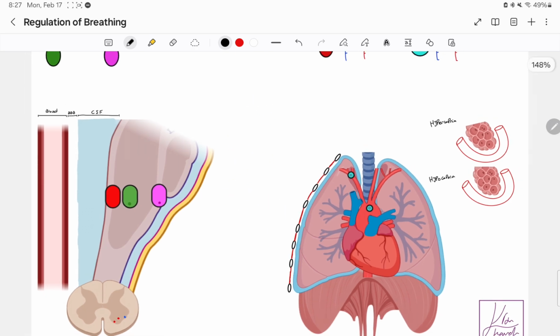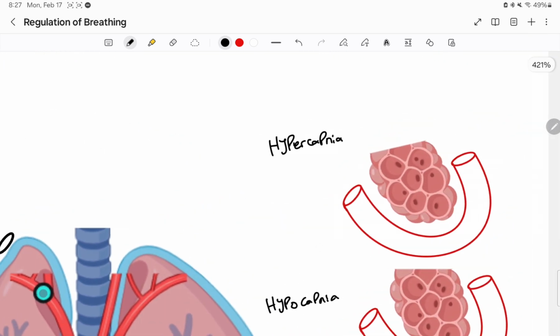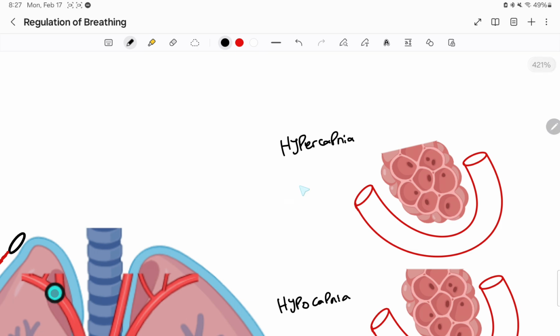All right. Now, let's take a very quick snapshot and scenario. Let's say we have hypercapnia, which just means we have high CO2 in the blood. Well, if we have hypercapnia, the goal is going to be increasing the ventilation. Okay? Well, why would I do that? Well, if I have high CO2 in the blood, that means I'm going to have a high amount of CO2 inside of the alveoli. Okay?